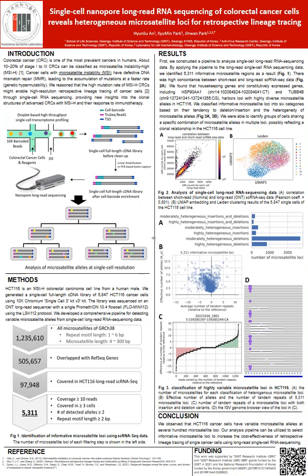Using 10x Chromium single-cell 3' kits, we captured the transcriptomes of about 6,000 HCT116 cells. We sequenced the single-cell full-length cDNA library using an Oxford Nanopore Technologies PromethION device and generated 32 gigabase pairs of nanopore sequencing data.